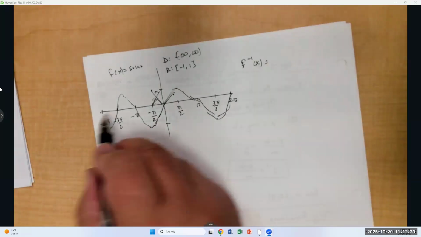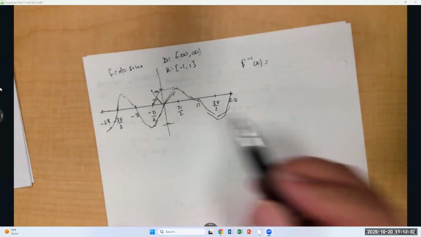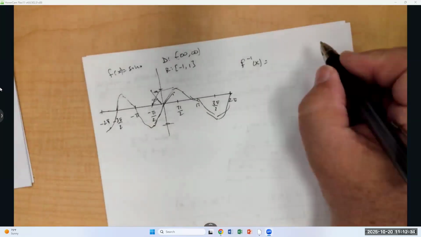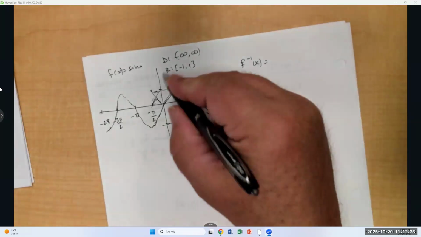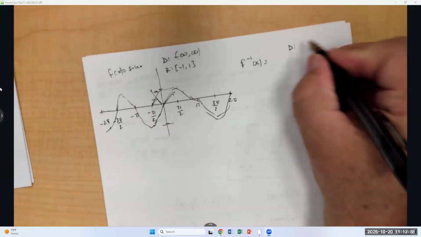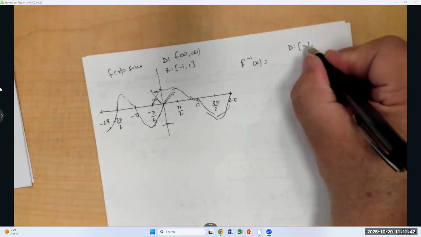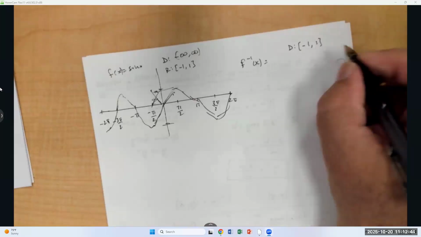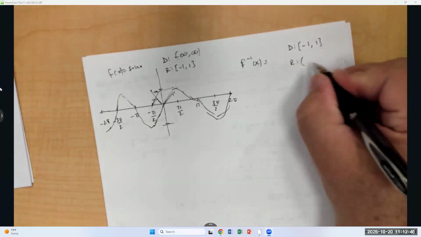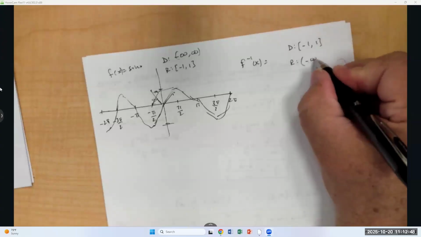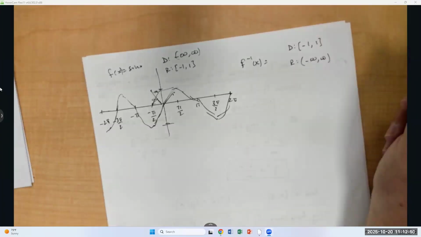Because our domain goes left and right, highest we can go, lowest we can go is -1. But for the inverse function, we have to switch these. The domain will be -1 to +1, and the range will be negative infinity to positive infinity.